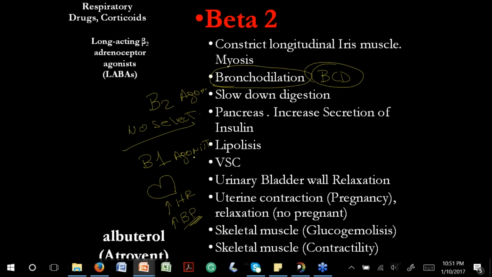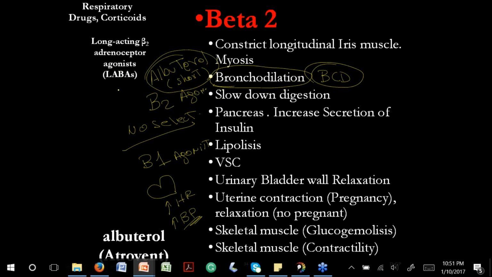The typical medication for beta-2 is albuterol. Albuterol is a short-acting beta-2 agonist. Remember that. Why is it important to know it is short-acting? Because it can be used in an acute process. You're not going to use LABAs.